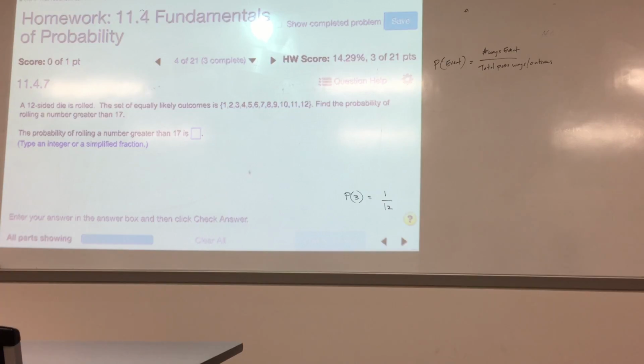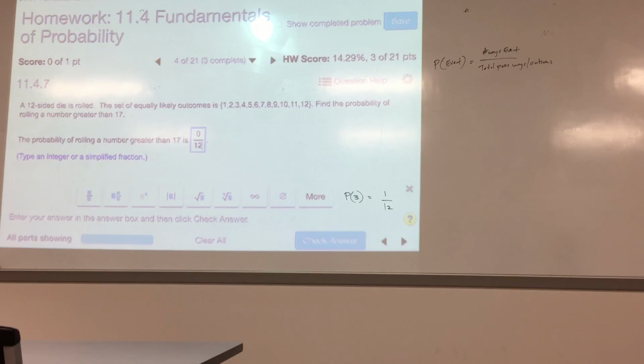Okay, how about this one? A 12-sided die is rolled. The set of equally likely outcomes is 1 through 12, all unique numbers on each of the sides. Find the probability of rolling a number greater than 17. 0. There are no ways to get 17 because your numbers only go to 12.